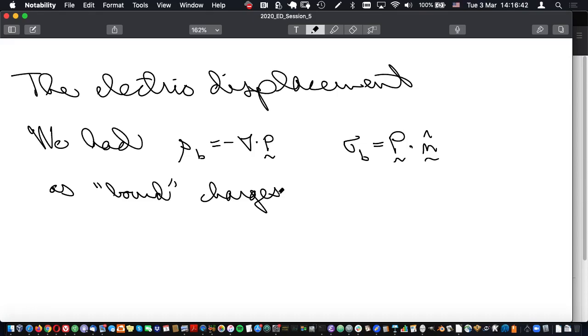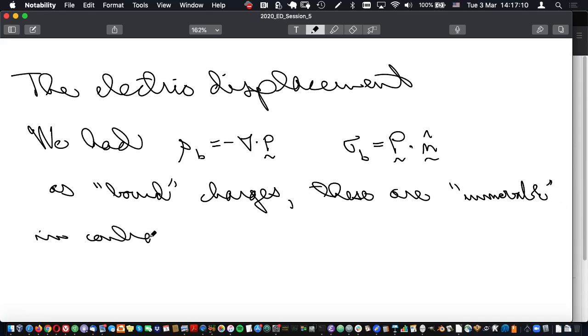Okay, and to distinguish the charges that you will put in the system, we use another letter. We use the f for the free charges, in contrast to the bound charges.